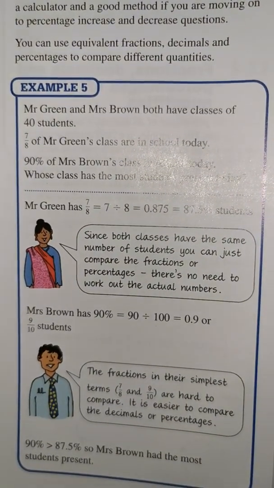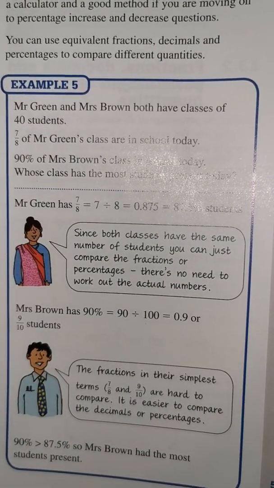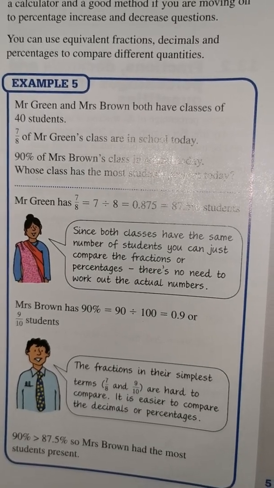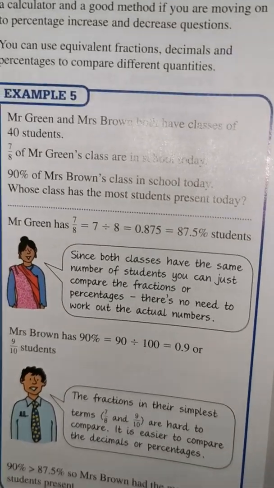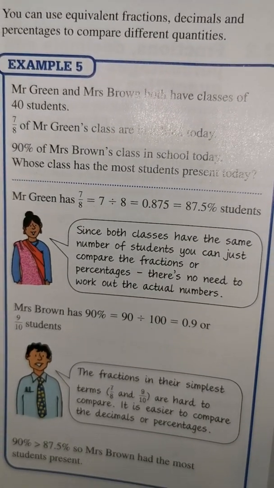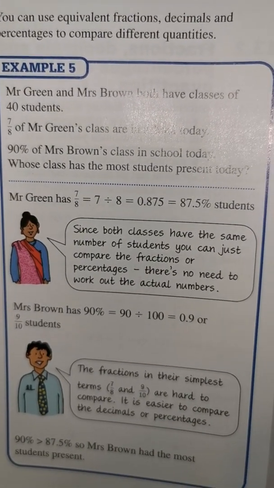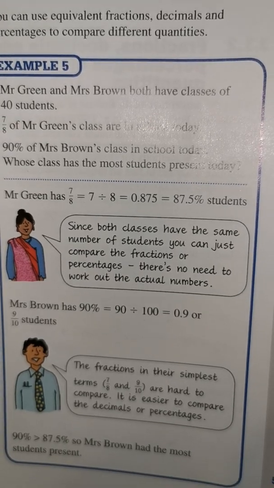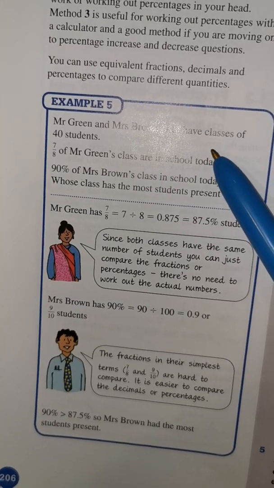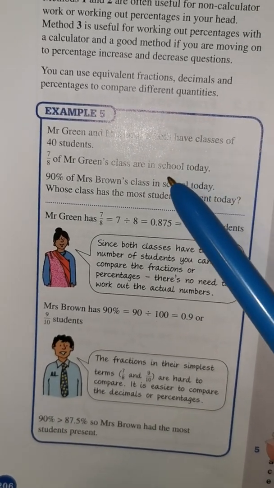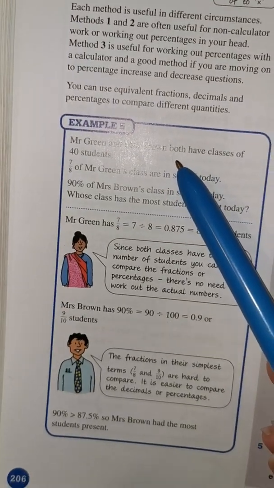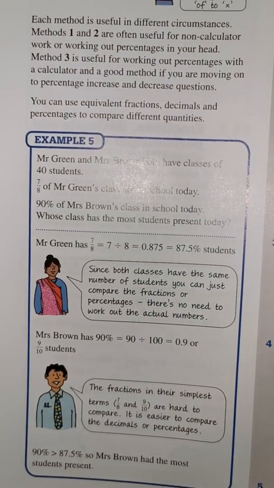Mr. Green and Mrs. Brown both have classes of 40 students. 7/8 of Mr. Green's class are in school today. 90% of Mrs. Brown's class is in school today. Whose class has the most students present today? Okay, so you need to find the number of the student for Mr. Green class and the number of the student for Mrs. Brown class to find or to decide which one is more.